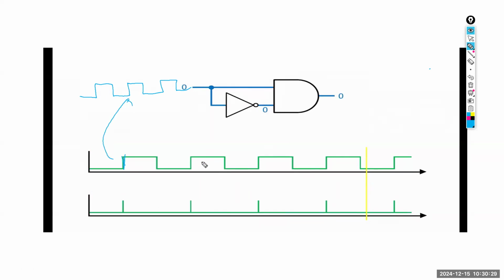In rising edges, there's a very short period pulse. This is a simplified version of how to generate pulses at the rising edge. So the input is the clock signal, but the output is something like this.